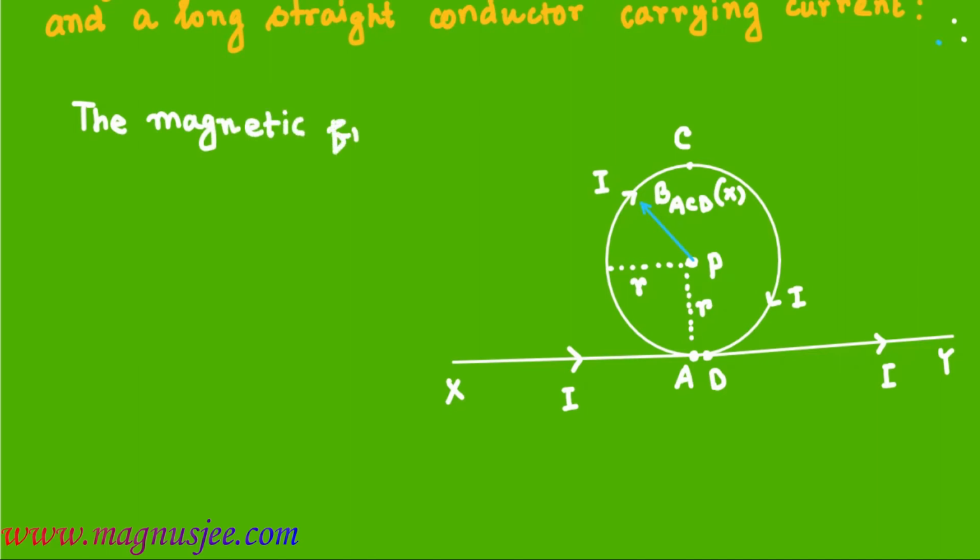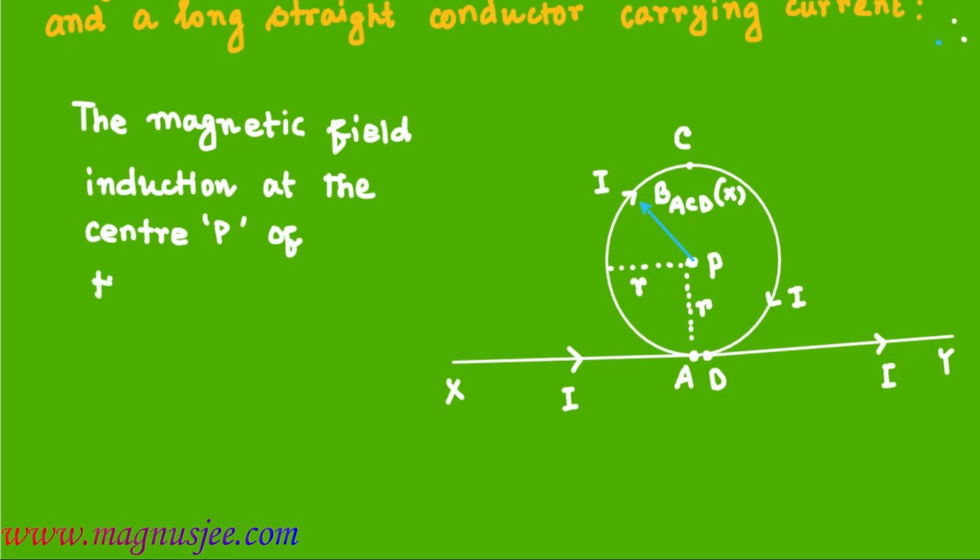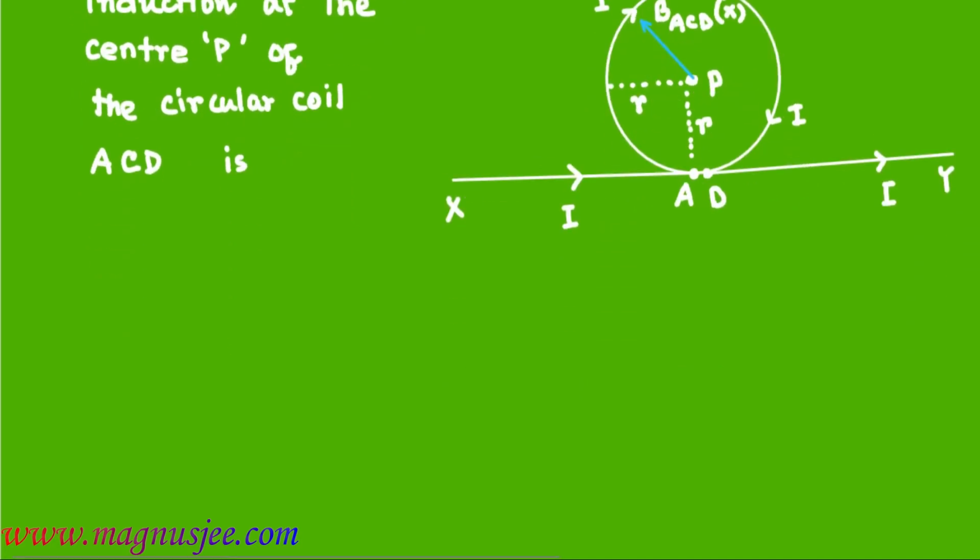The magnetic field induction at the center P of the coil bent in the form of a circle, or the flux density at the center P of the circular coil ACD, is given by BACD equals mu 0 I divided by 2R.